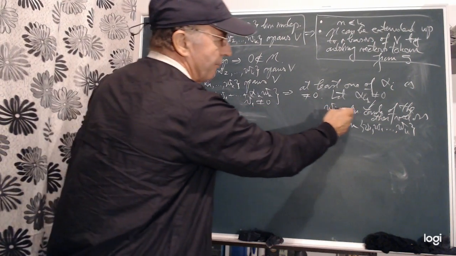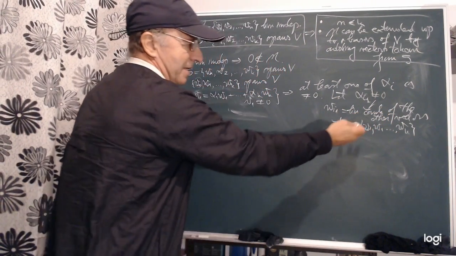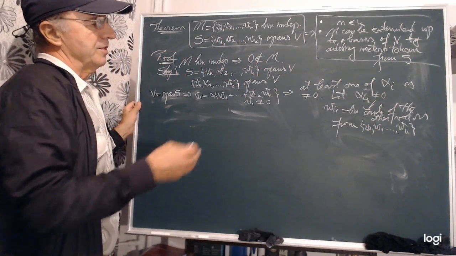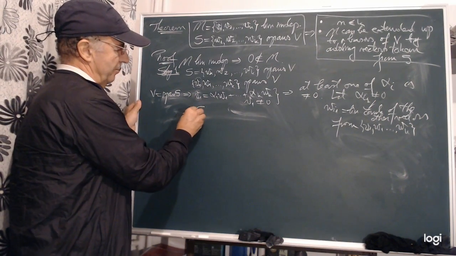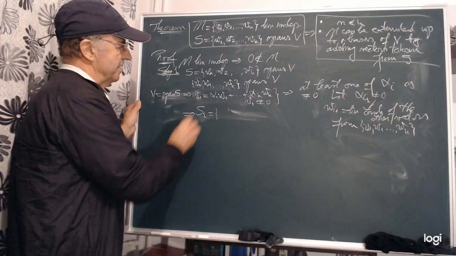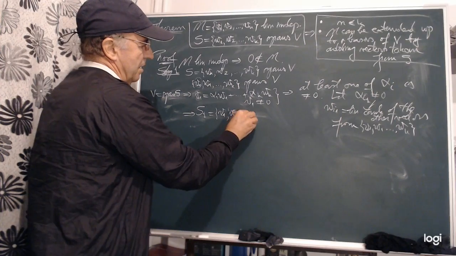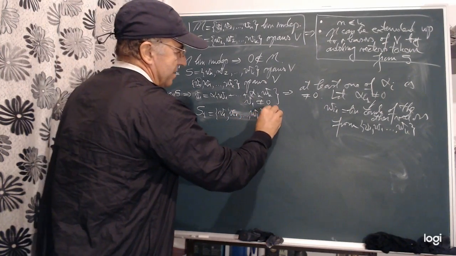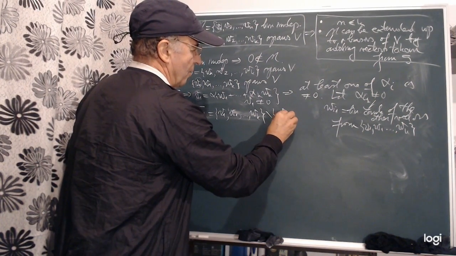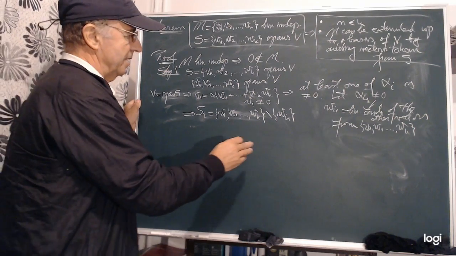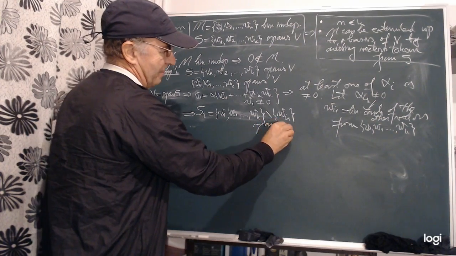So if we eliminate such a vector from this spanning system, we also get a spanning system. Let us denote by S1 the system of vectors containing v1, w1 up to wk, where we have eliminated w i1. And we obtain that this spans V.